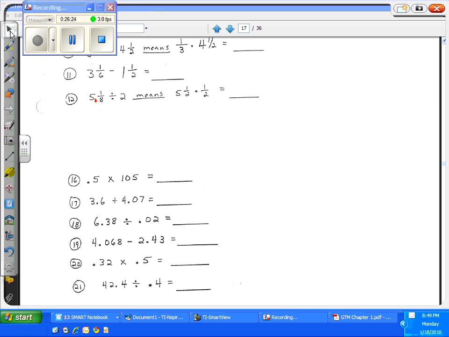If we make these improper fractions, we would say 5 times 8 is 40, plus the 1 is 41 eighths, divided by, to make a whole number a fraction, you put it over 1, so we have that. And then there's a rule about dividing by a fraction, and that rule's on page 7 of my Algebra 1 book. It has nothing to do with the 41 eighths. It has to do with dividing by the fraction 2 over 1.